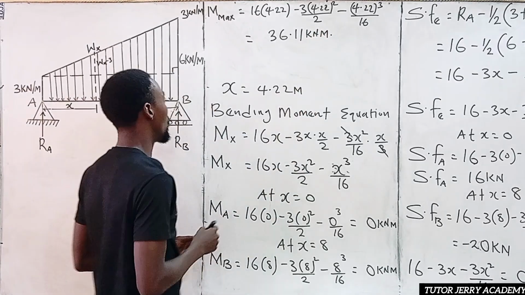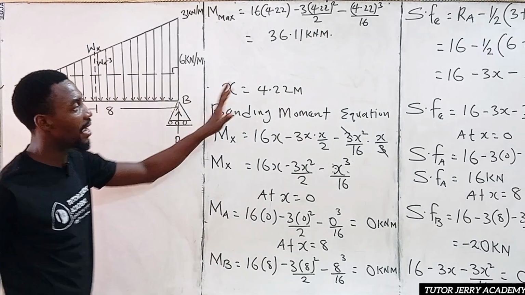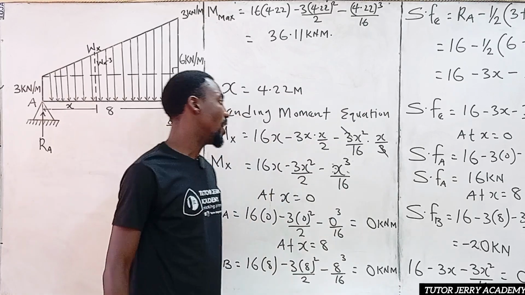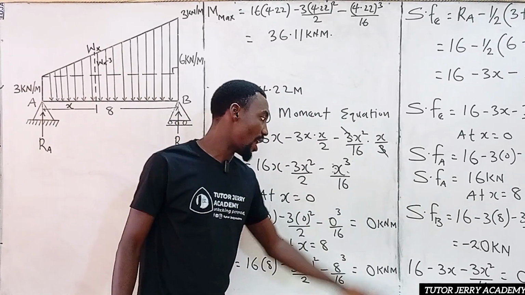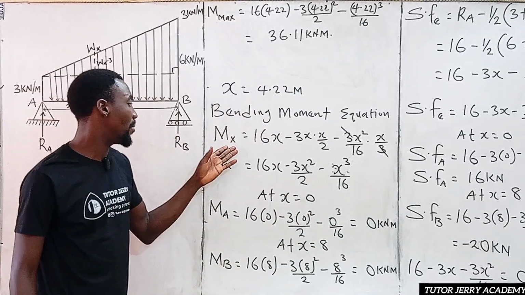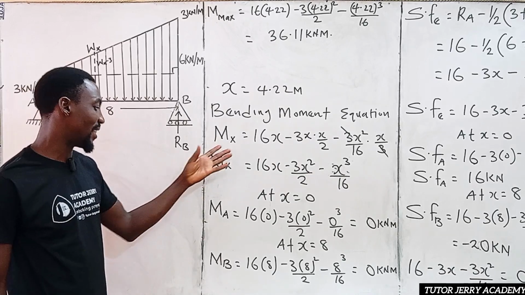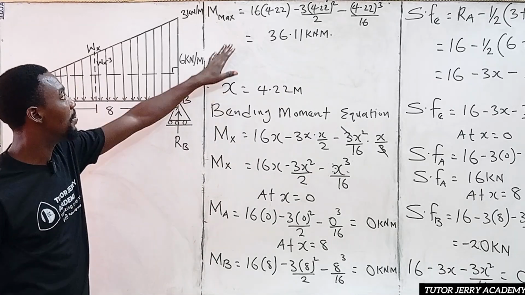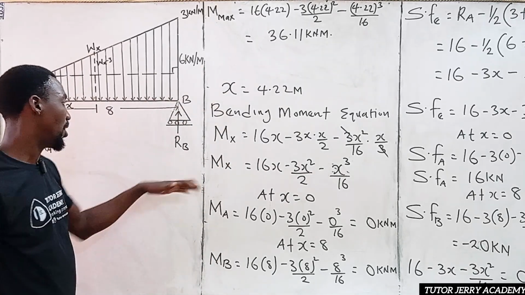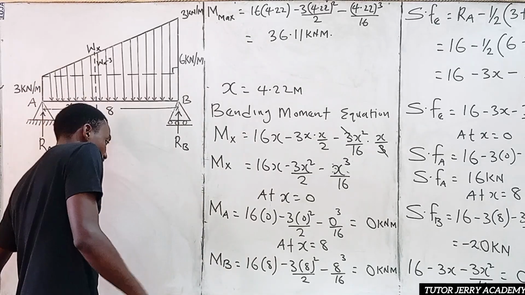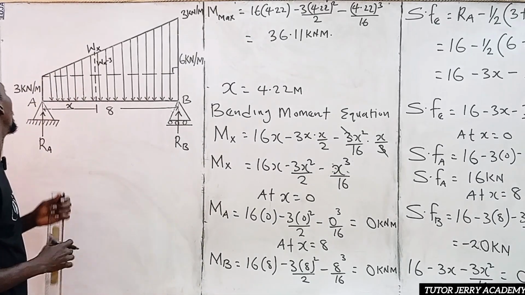All right. So now that we have the values of our shear force at A and at B, and the bending moment at A and B, and the maximum bending moment, we can therefore draw the shear force and the bending moment diagram.